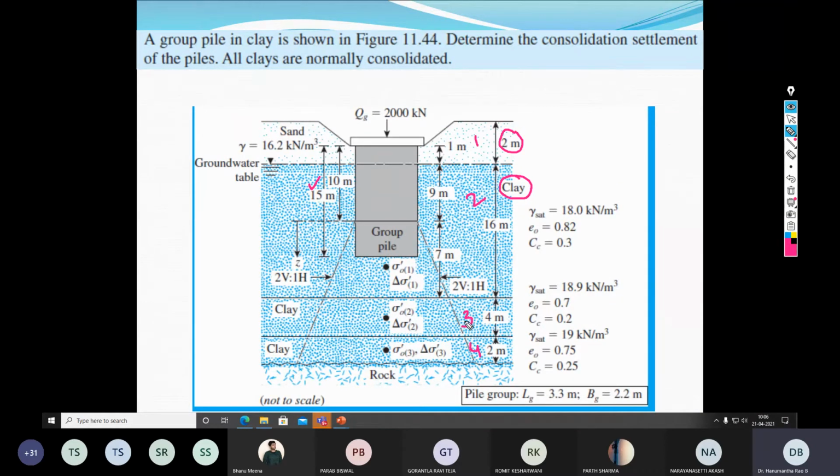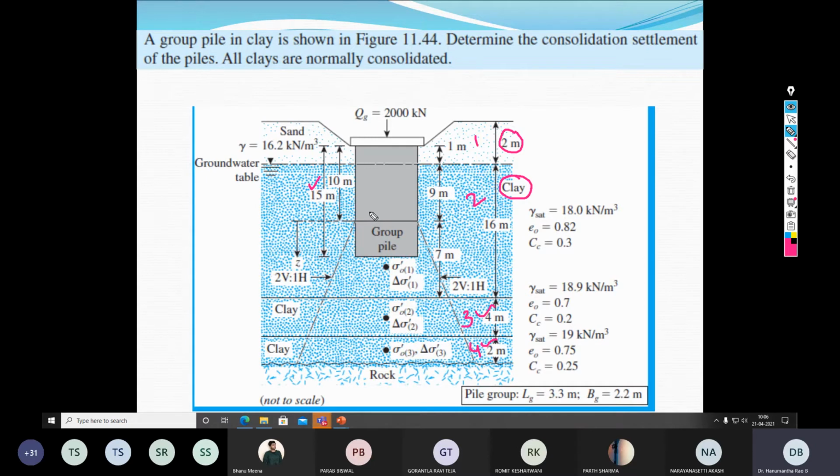However, layer number 2, which has a thickness of 16 meter, the whole 16 meter might not be undergoing the consolidation. So therefore, you need to determine out of 16 meter how much of the strata is undergoing the consolidation and how much is not.